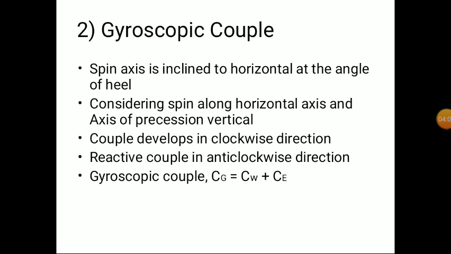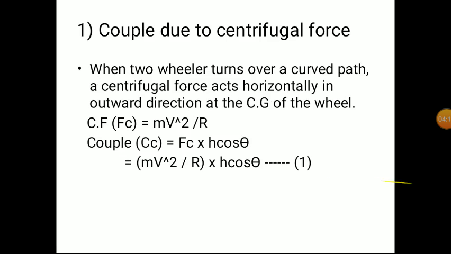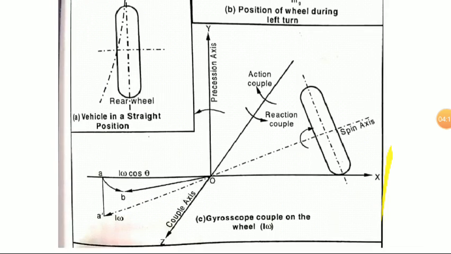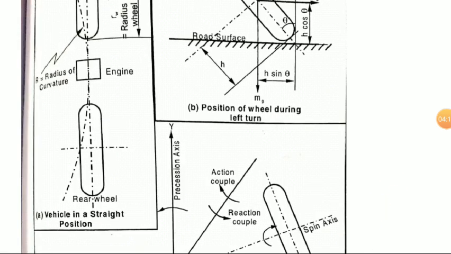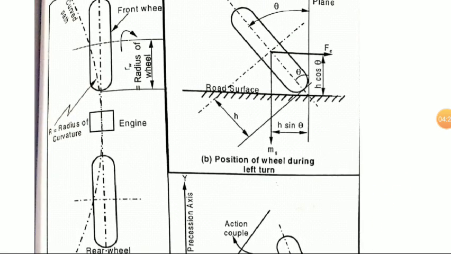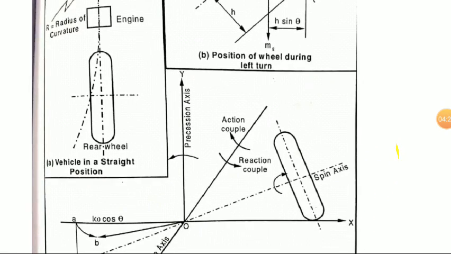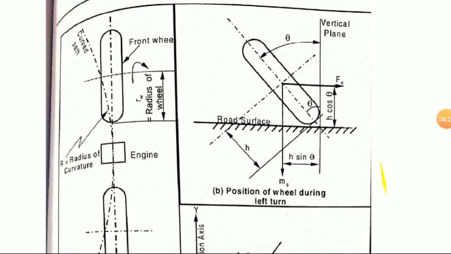And due to the gyroscopic couple, you can see that the spin axis is inclined to the horizontal at the angle of heel. In the figure here, you can see the angle between the vertical axis and the vertical axis of the vehicle is marked as theta.